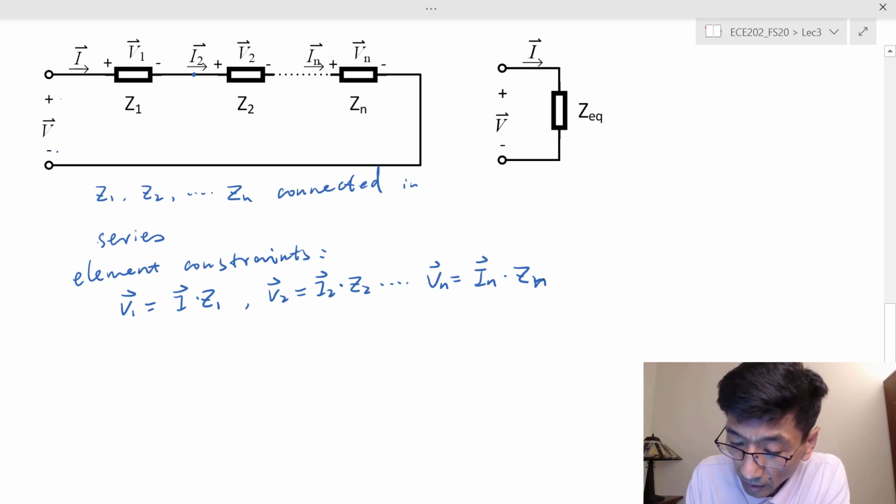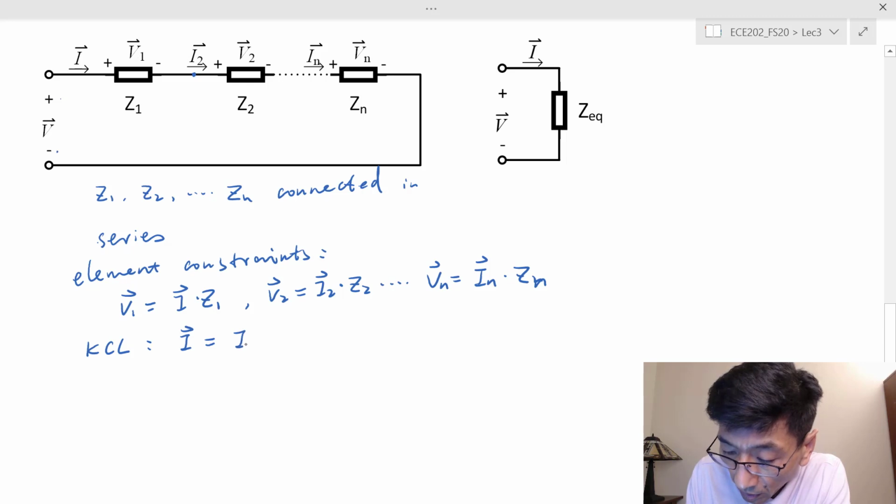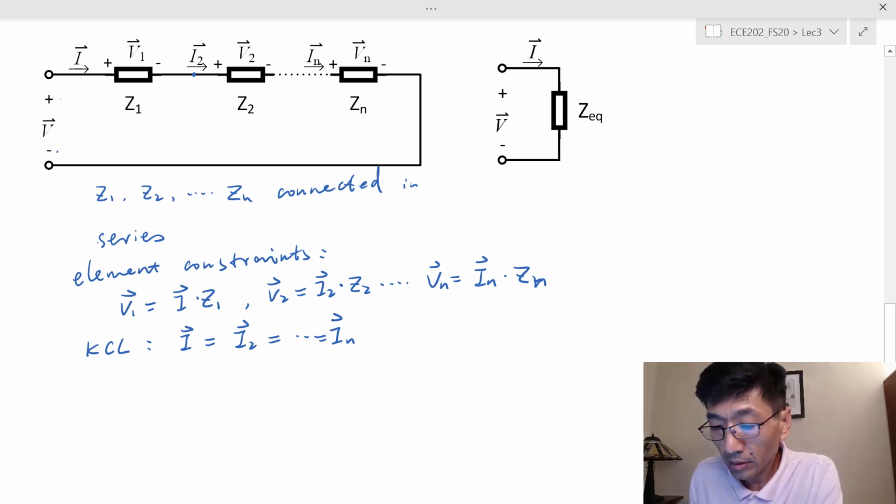So these are the element constraints, but we also have the connection constraint, which is the KCL. KCL will require I equal to I2, equal to I sub n, because at each node you apply the KCL: the entering current I is equal to the leaving current I2, and so on and so forth.